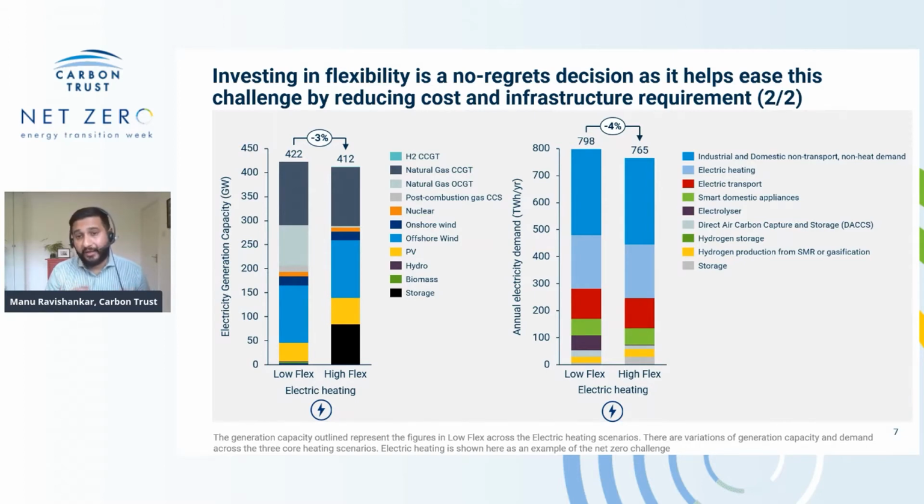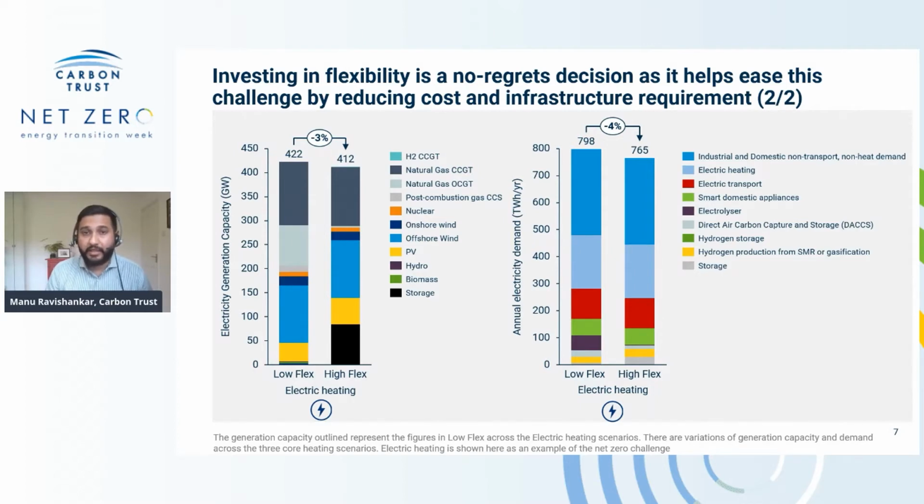Now, of course, this drives the large build out of gas plants that are able to come online, mostly during these periods of stress. Now, this is another key challenge in terms of delivering a net zero system in a cost effective, but also a secure manner that can weather typical and atypical events.